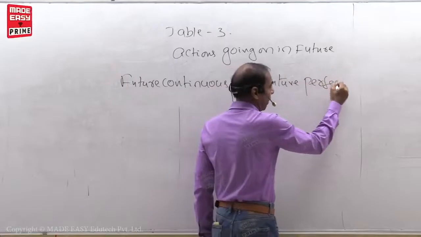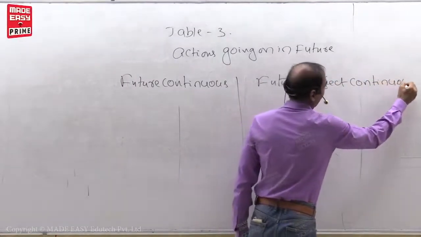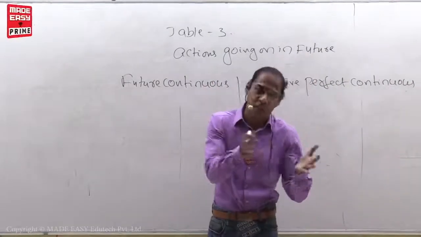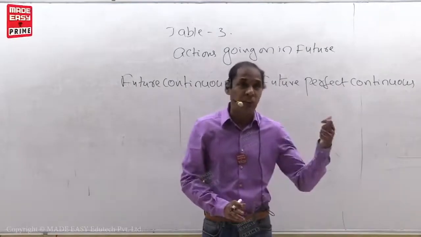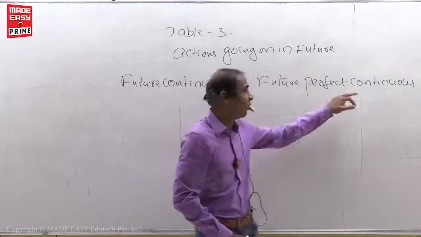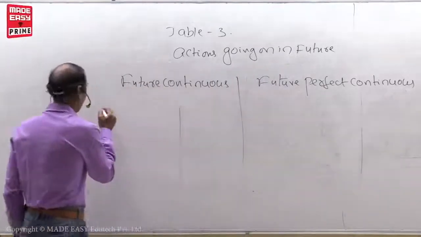Future perfect continuous. See, same, just like past continuous and past perfect continuous. But what is the difference? Past continuous, past perfect continuous, past. Future continuous, future perfect continuous, future. That's all.